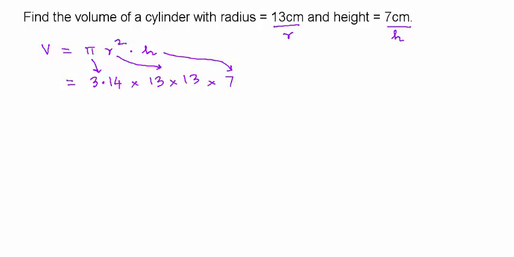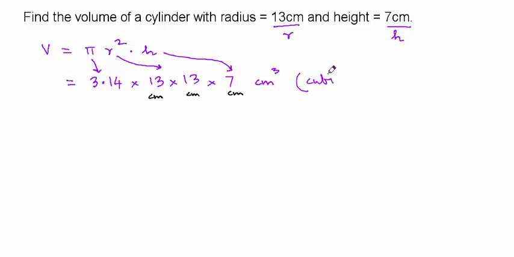And how about the unit? Well, we have a centimeter here, 13 centimeter is the radius. We have another centimeter here and another centimeter here for the height. Therefore, we are essentially multiplying a certain number of centimeters with another centimeters with another centimeters. Therefore, the unit is going to be centimeter raised to the third power, also called cubic centimeter or centimeter cube.